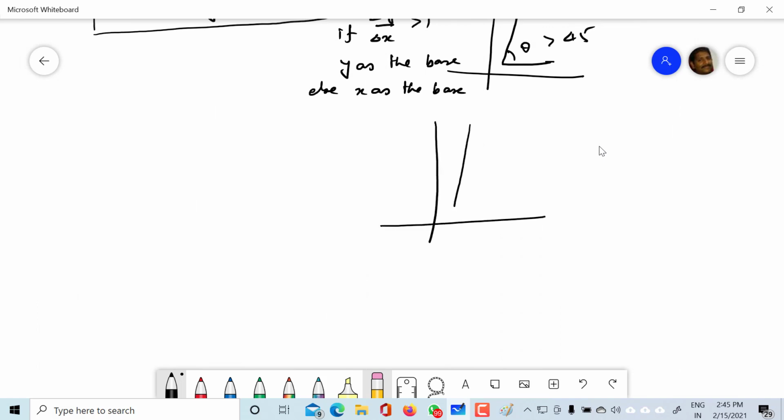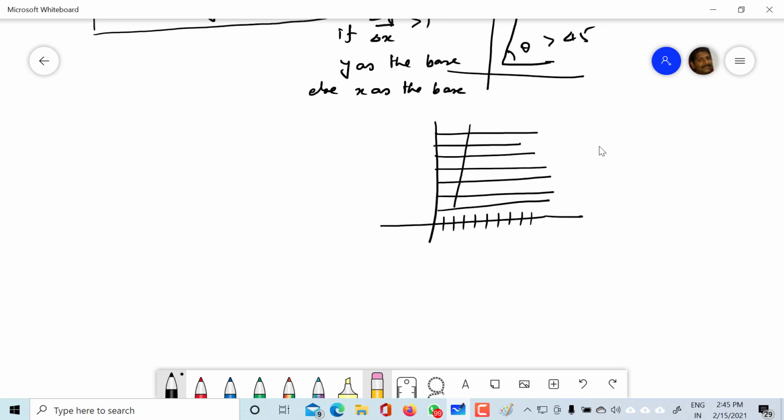If the inclination is more, you have divided the x-axis into equal quadrants. Suppose I am drawing pixels. Suppose this is your screen structure. Now see here what will be the problem. This is like a pixel.